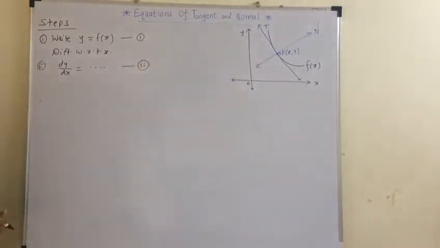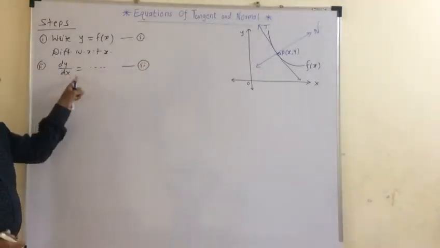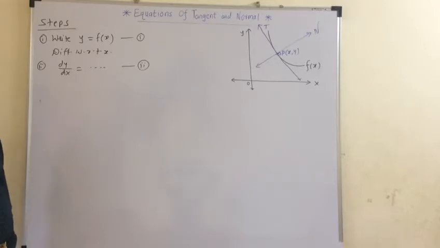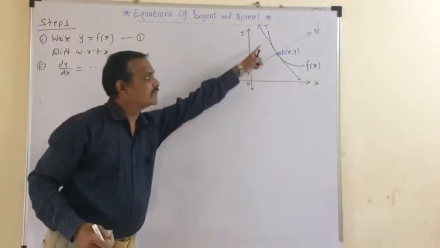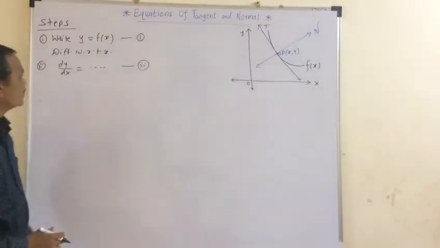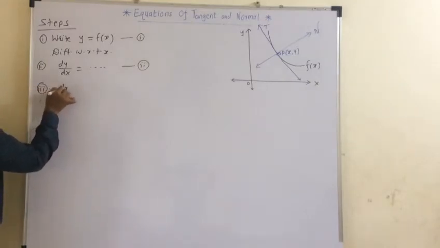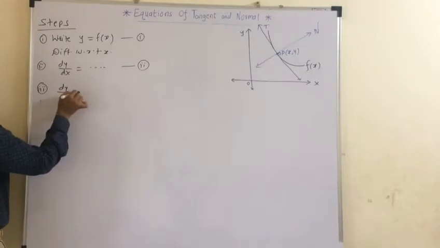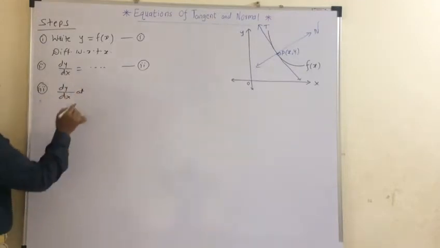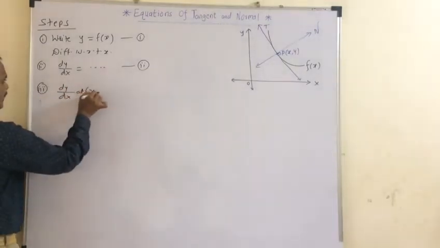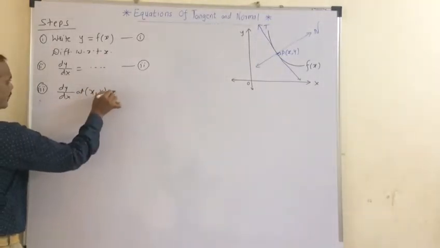Now we have to find slope of this tangent line first. To find slope, we find dy by dx at given point (x, y).